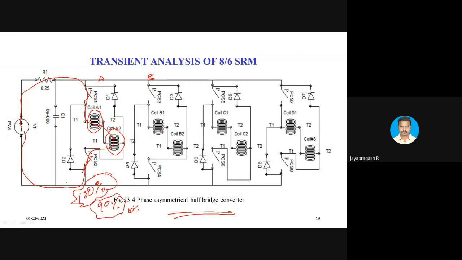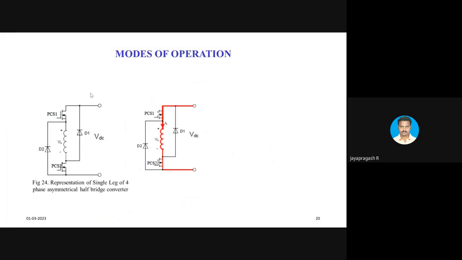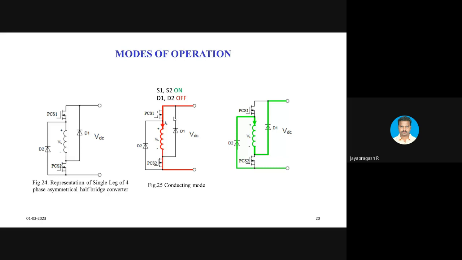To demagnetize, just turn off these switches. Probably here it will be very clear. When these two switches are turned on, your phase winding gets excited, it produces force, and the machine produces rotation. Before exciting the next phase winding, this has to be demagnetized. To demagnetize, these two switches should be turned off.